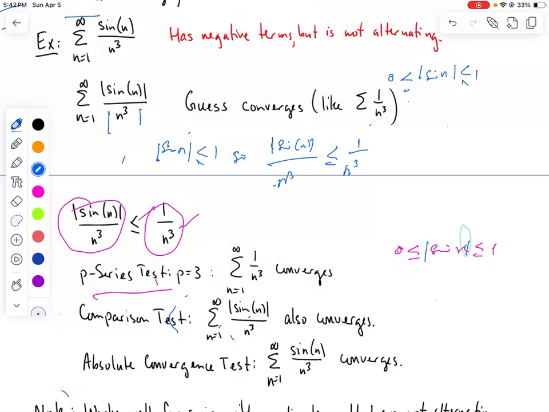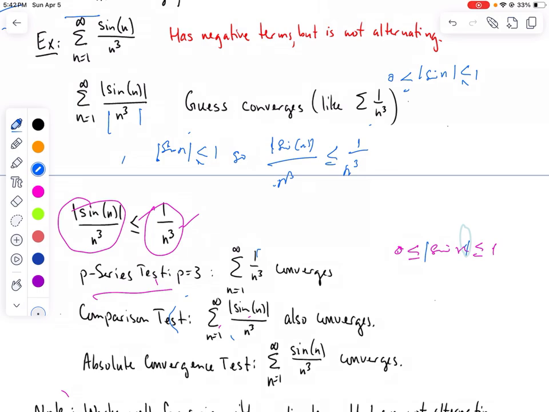We compare it with the absolute value of sin n over n cubed, and we see that because the series 1 over n cubed converges, the absolute value of sin n over n cubed will converge by the comparison test.